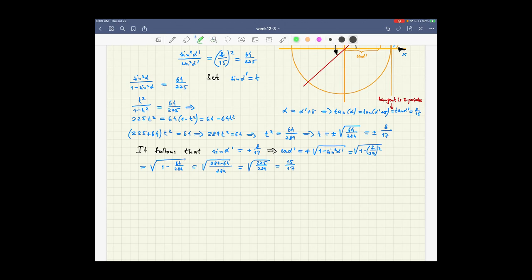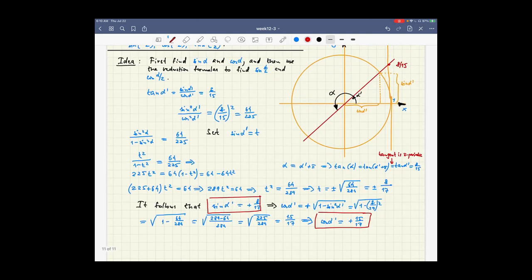And that is simply 15 over 17. So again, sine alpha prime is positive 8 over 17, and cosine of alpha prime is positive 15 over 17. Our knowledge of sine and cosine of alpha prime immediately gives us sine and cosine of alpha, because alpha and alpha prime only differ by half a revolution, pi.